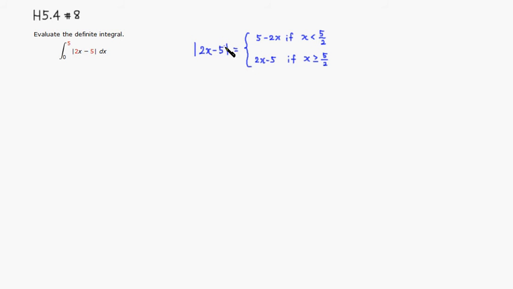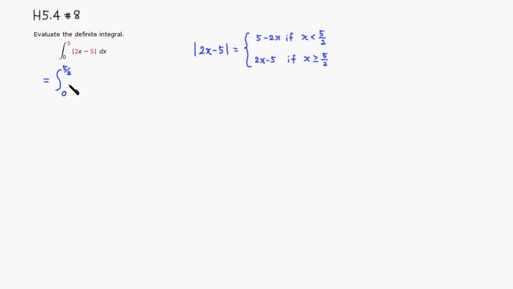Alright, so since there are two different formulas, we need to split into two intervals so that we can use one interval for the first formula and the second interval for the second formula. So I'm going to split this interval into, first one would be just 0 to 5 over 2.